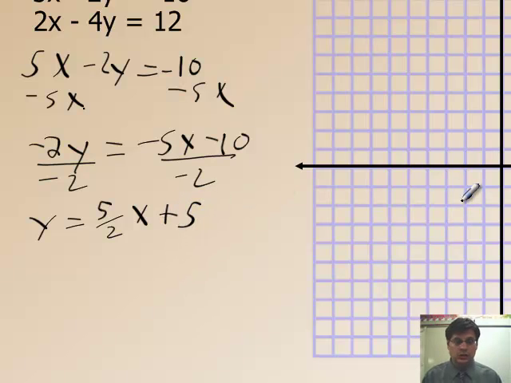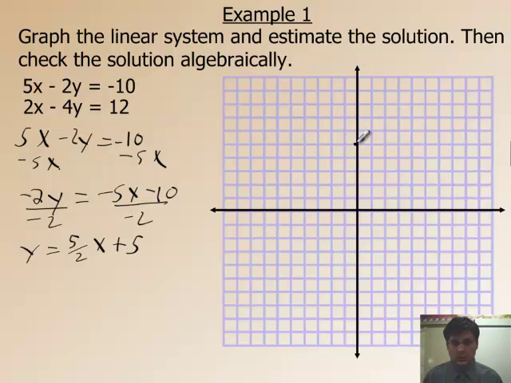Okay, so we would graph this equation by starting at the y-intercept, 1, 2, 3, 4, 5, like so. So I'd put a point there. And then I'm going to go over to the right, up 5 and then over 2. So 1, 2, 3, 4, 5, over 2.